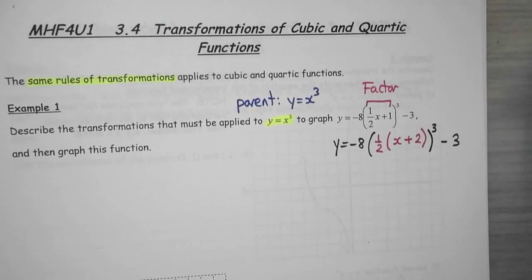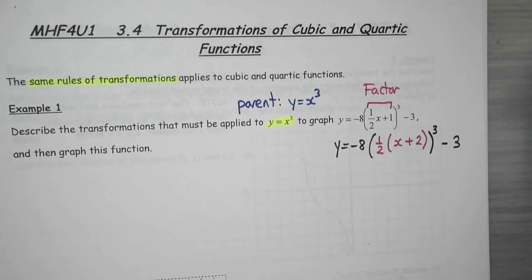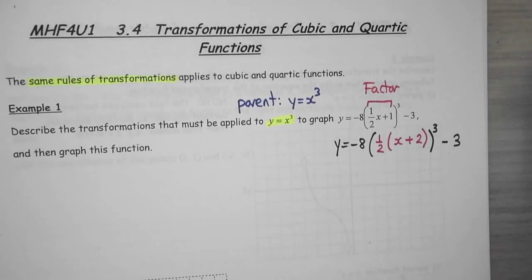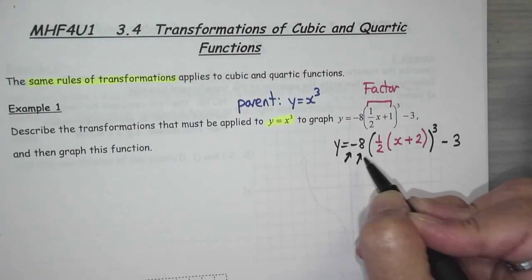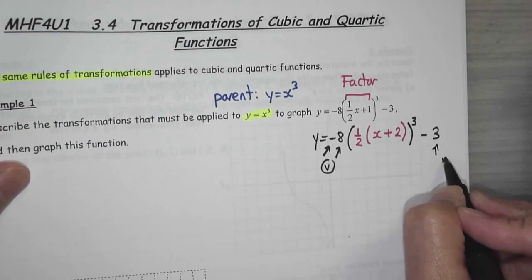So over here, what else can we do? We're going to work with it this way, and I'm going to describe all the transformations. This says describe the transformations to graph it, and then we're going to graph it. I'm going to show you a little trick with this, though. So let's describe it first. Everything outside here is vertical. I have 2 verticals here, and then I also have a vertical here.